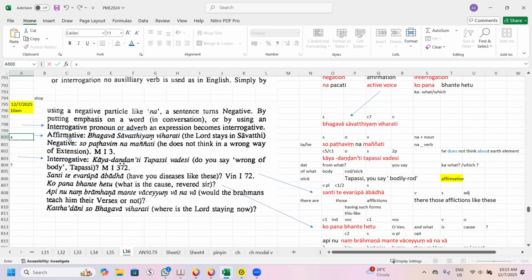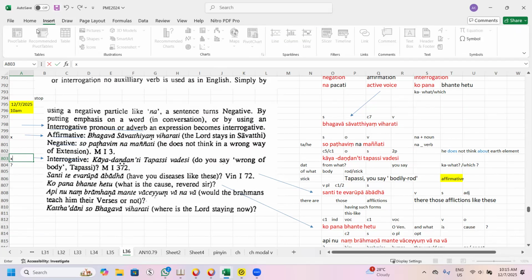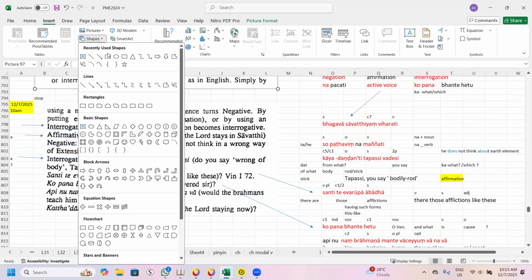This affirmative I already said is a kind of active voice, and then this interrogative I think is also wrong. So this one should be affirmative. I think this is what I read. You can draw your own conclusion, because it doesn't mean all the time the book has to be correct.